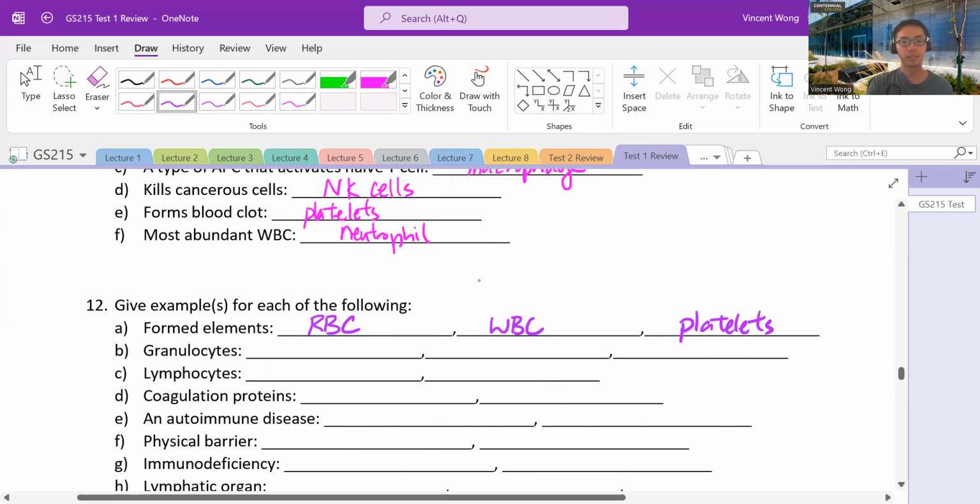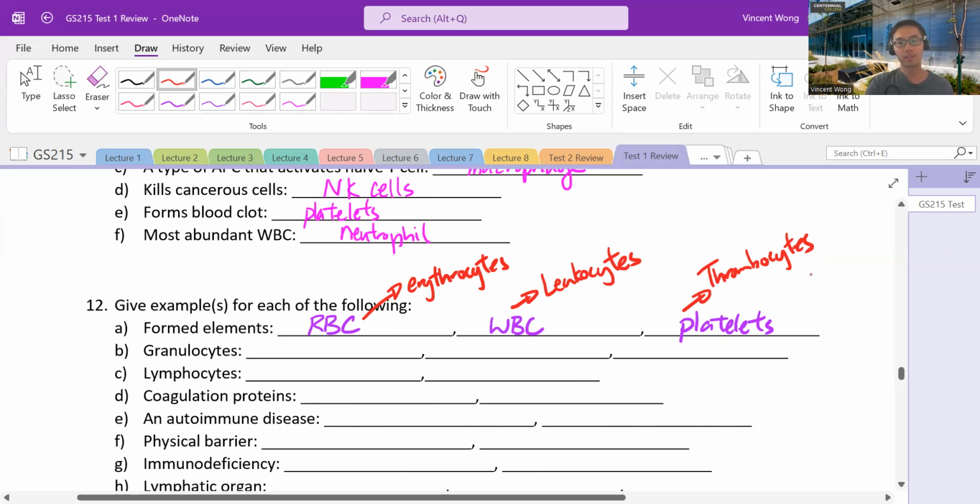And just in case, I honestly don't remember if we have these words in the test, but RBC is erythrocytes. White cells is leukocytes. I think they should be in the lecture notes, right? And this is thrombocytes. Just in case you see them.